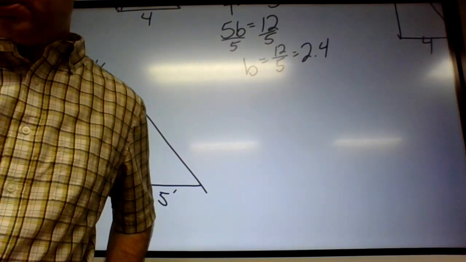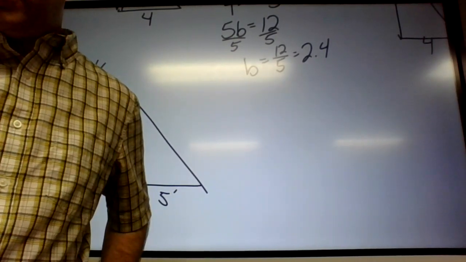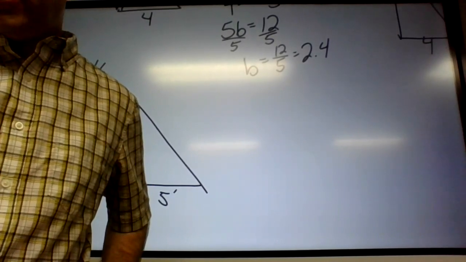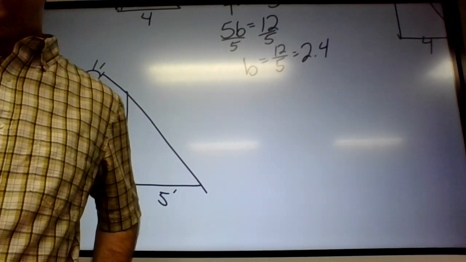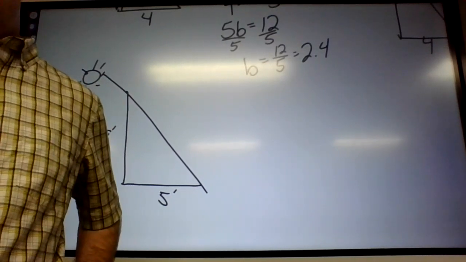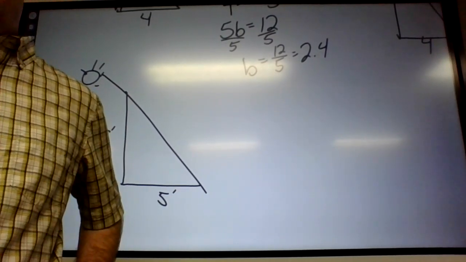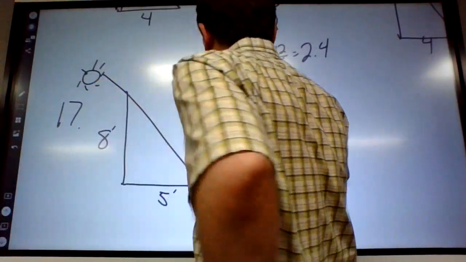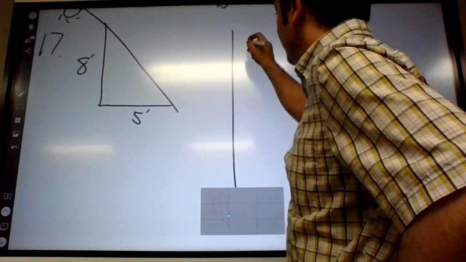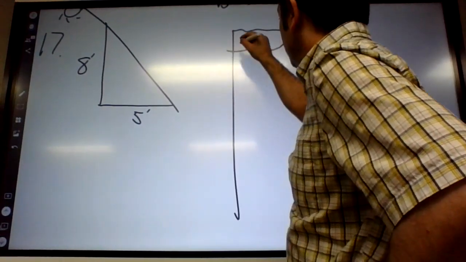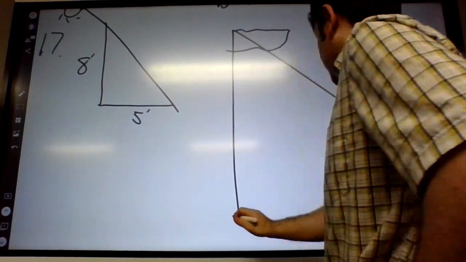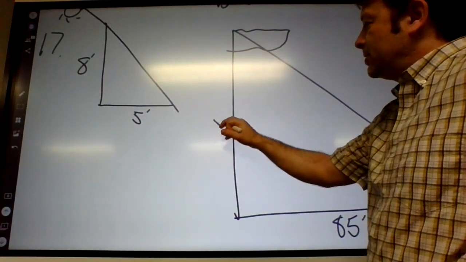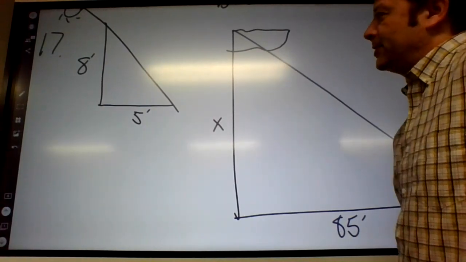Let me keep reading. At the same time, a flagpole, so a taller pole, would be 8 over x, casts a 75-foot shadow, 5 over 75. So this shadow is very large. They want us to find out how tall the flagpole is.